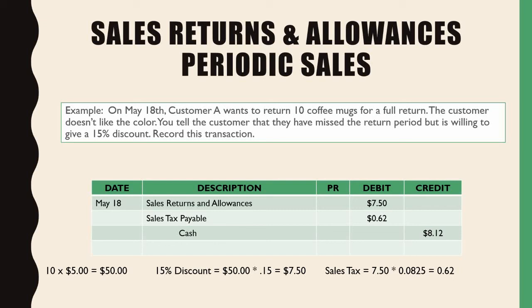So in other words, you don't have to start all over again, putting the sales return of that total amount of 10 and then the discount, all those things. You're just inputting the actual return cost. We're only focusing on what is being returned.